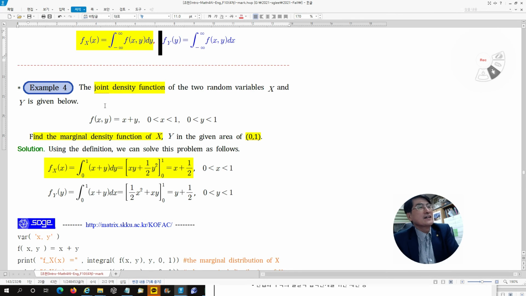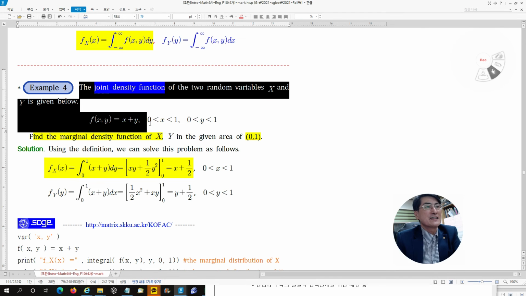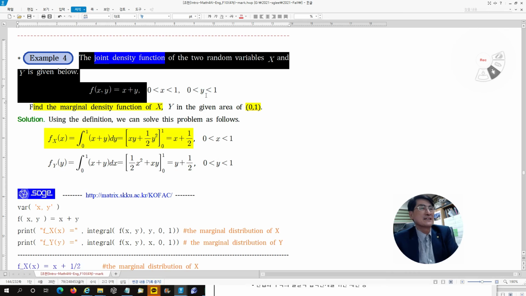The next example is to find the marginal density functions of x and y when the joint density function is given as this in this interval.